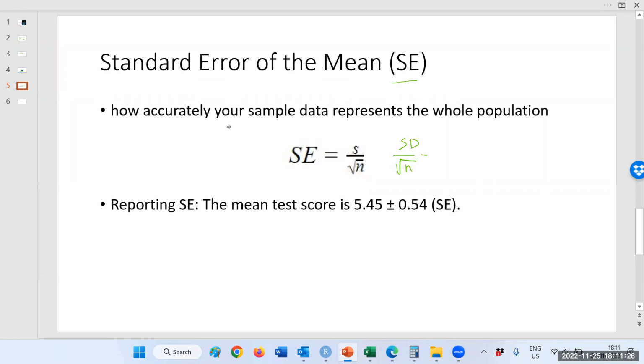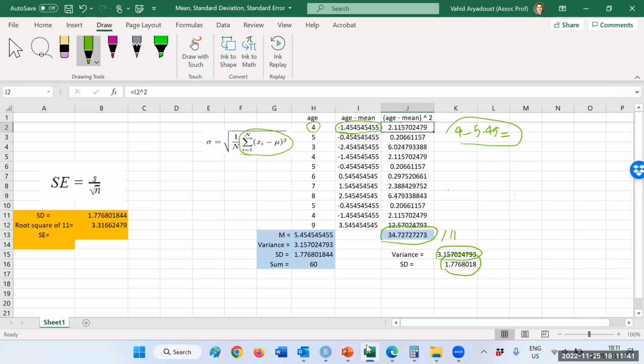For example, we have a standard deviation of 1.774 for our current sample and a square root of 11, which gives us a standard error of, actually we can calculate it here. Let me quickly calculate it for you. So standard error of the mean equals standard deviation divided by the square root of 11, which I've already calculated.